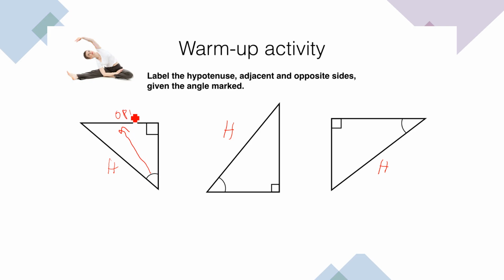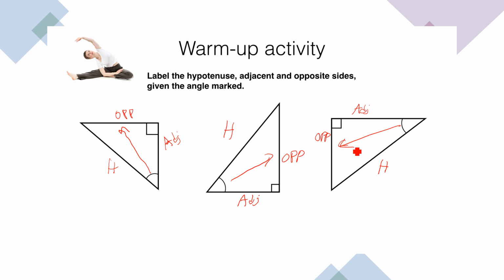This is the opposite side, and the one right next to it, or adjacent to it, is the adjacent side. The one that's right next to it and not the hypotenuse. So on this one, boom, here's our opposite side. Here's our adjacent. On this one here, this one's the opposite, and this one's the adjacent.